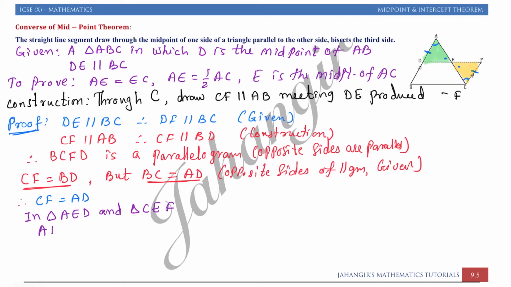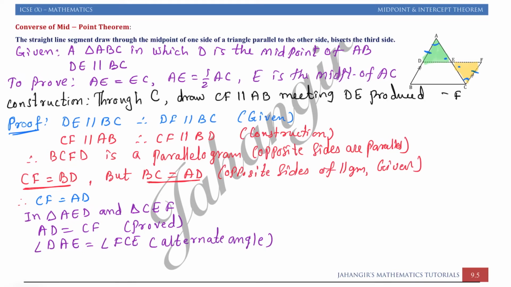AD is equal to CF, already proved. Angle DAE is equal to angle FCE, alternate angle. You can write which two lines are parallel. And in the third part you can say vertically opposite angle.